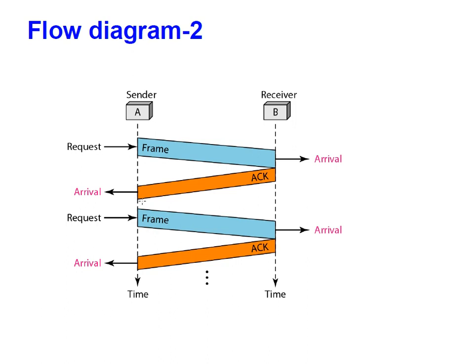If these two frames exist during the communication, then we say this is error-free communication. That means a frame has been acknowledged back, to make sure that whatever frame sender A has sent has been properly received by receiver B.